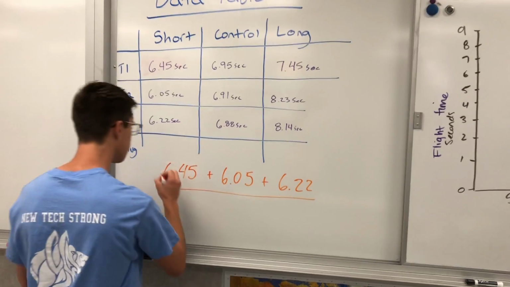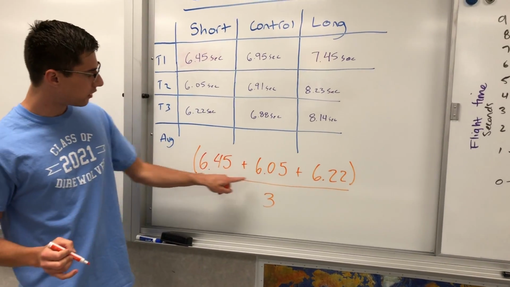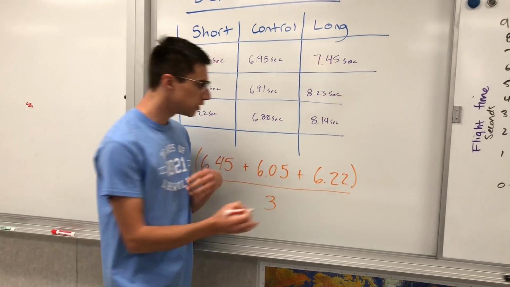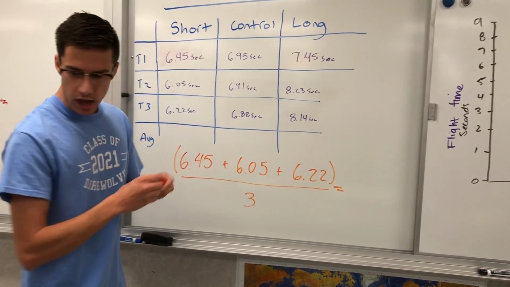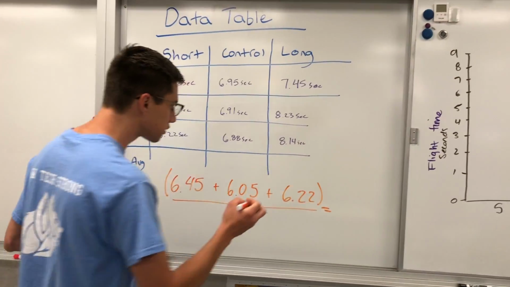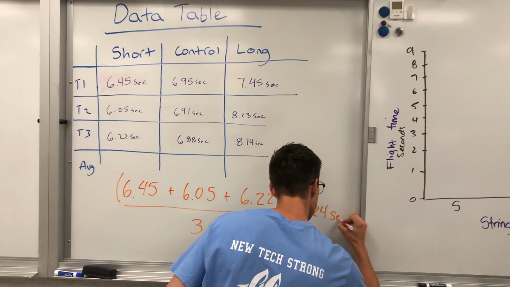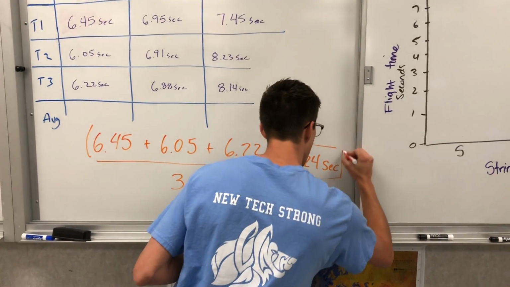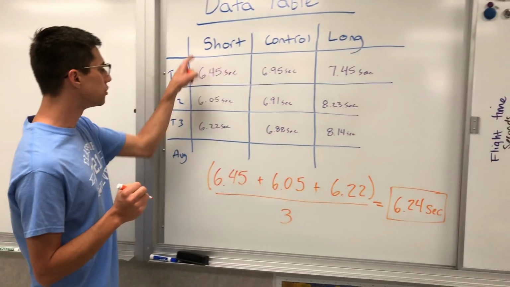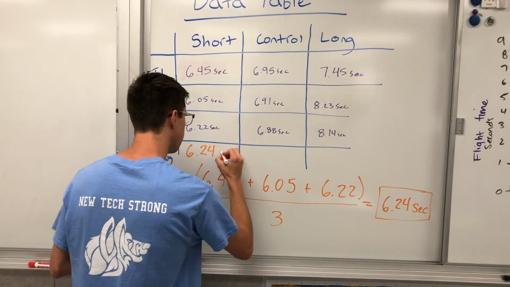So if we add all of those, we'll get one value on the top. Since we're doing this for 3 trials, to find the average, we need to divide by 3. And once you do that math, you get 6.24 seconds. So this would be our average flight time for the short parachute, 6.24.